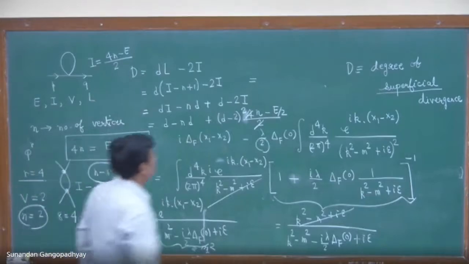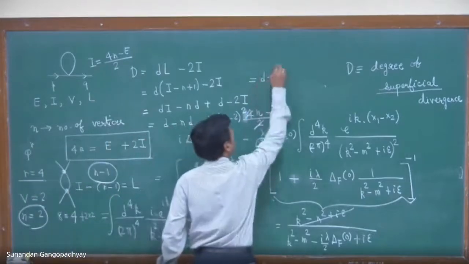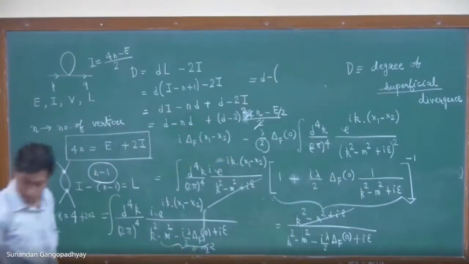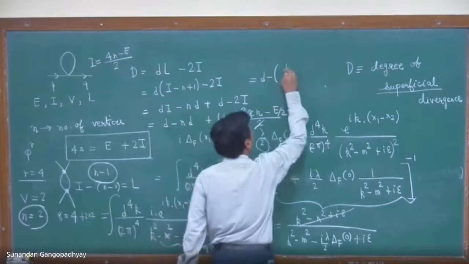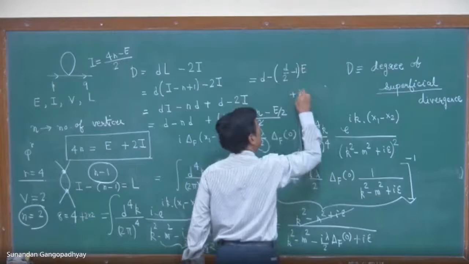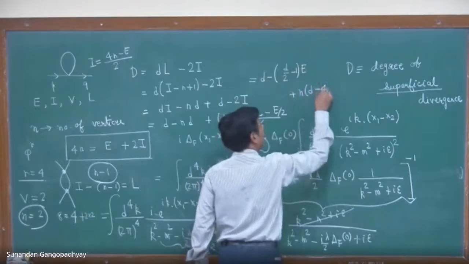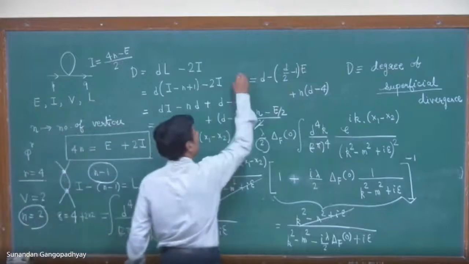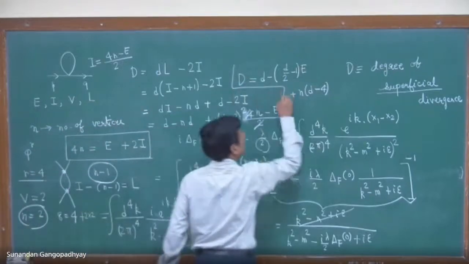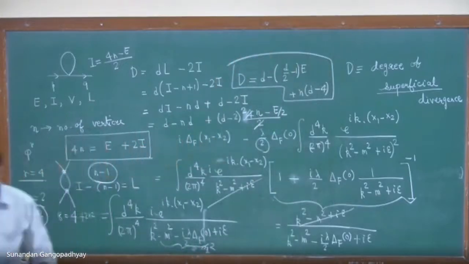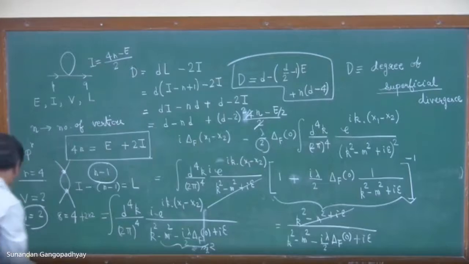Your final expression that you will get from here is the following: D equals d, minus (d by 2 minus 1) e, plus a term in n. This is the expression for the degree of superficial divergence.